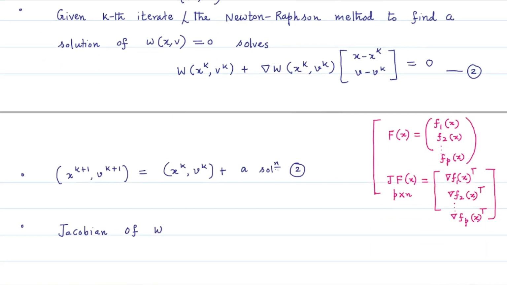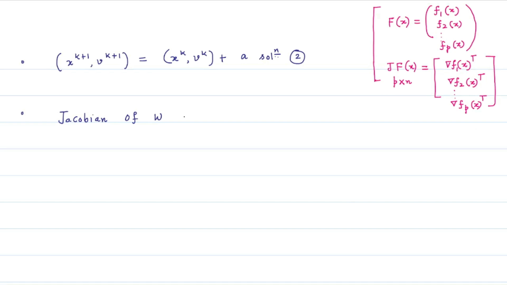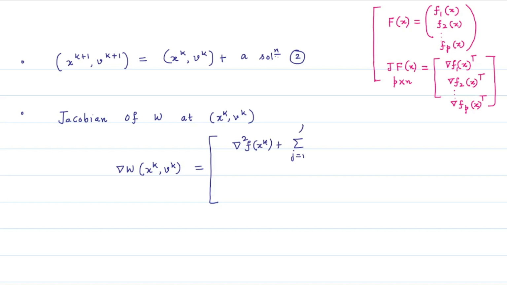We can simply find that the Jacobian of W at the point (xk, vk) is given by this matrix, where this grad h is the Jacobian matrix of the vector valued function h at the point xk.